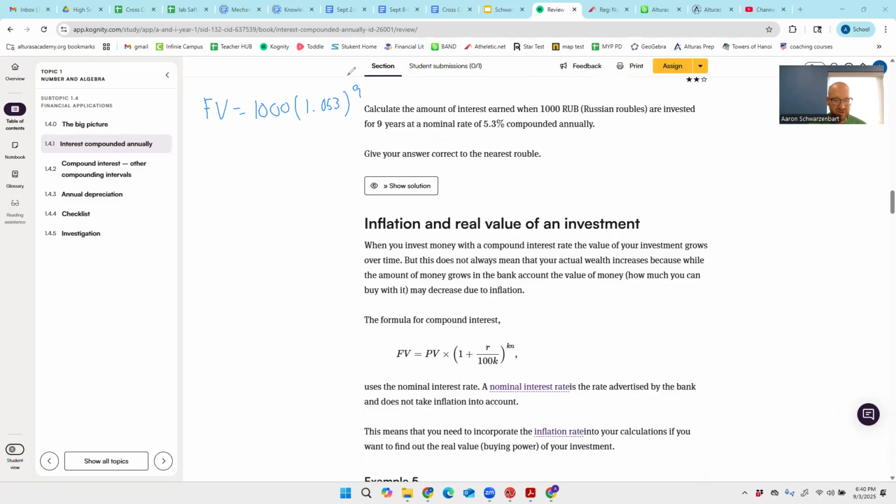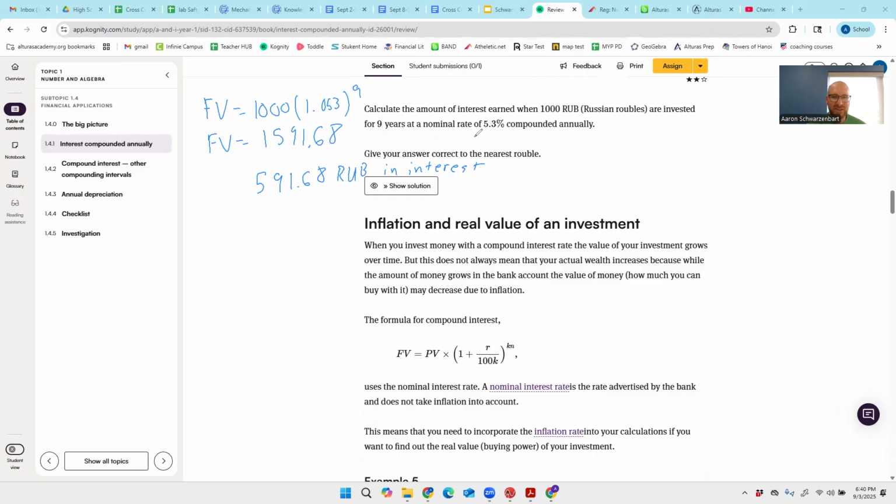And I get a future value of 1591.68. It asks me how much interest was earned. Well, I had 1,000 originally, so I subtract the 1,000, and then I'll label it.